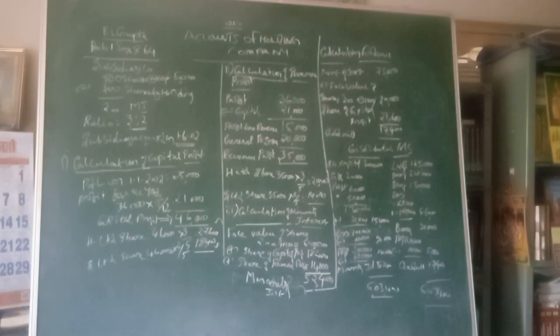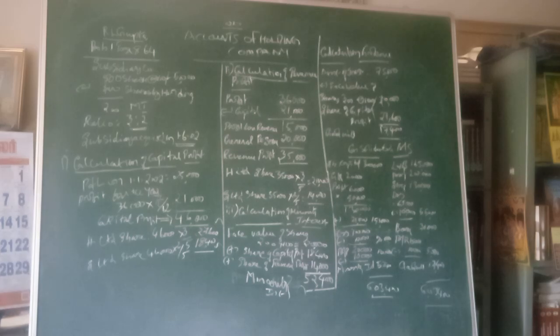Okay. Now you are conversant with how to apportion the profits, how to calculate the ratio between the holding and the subsidiary, how to take the capital profit and revenue profit, and the calculation of minority interest, then the calculation of goodwill or the cost of control. Another important adjustment is mutual owings in case of debtors and creditors, and in case of bills receivable and bills payable, right?